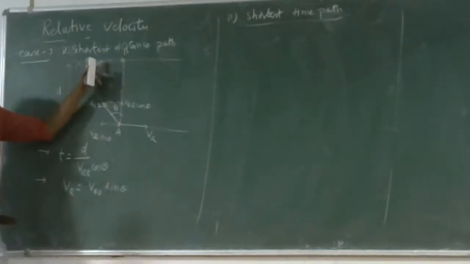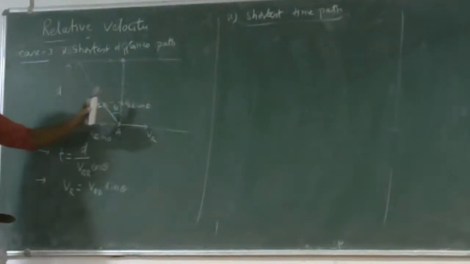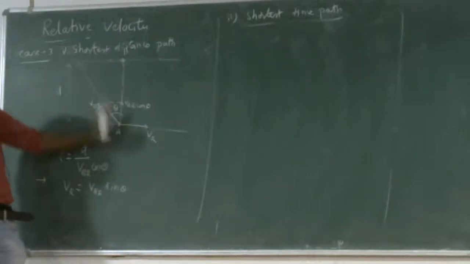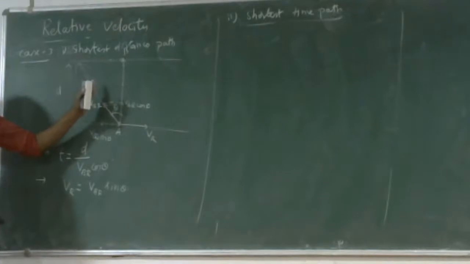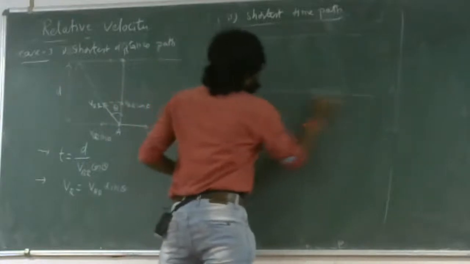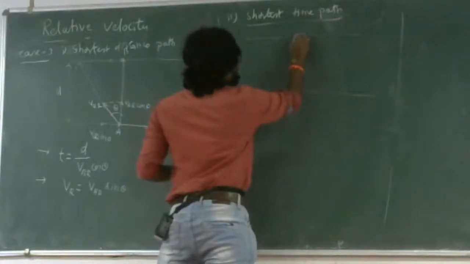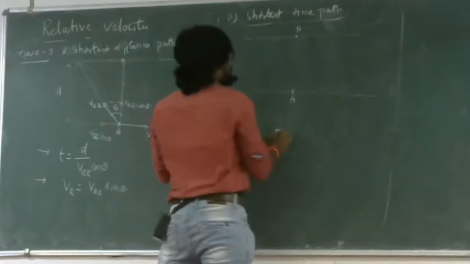For this, it takes more time than the shortest time path. So even though he crosses the river in the shortest distance path, in this process it takes more time. Whereas in the shortest time path, it takes the least possible time to cross the river from point A on one bank to the other bank.